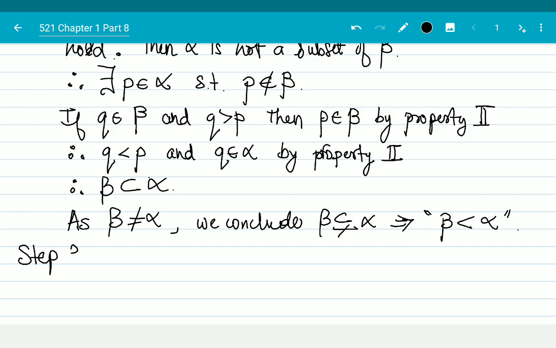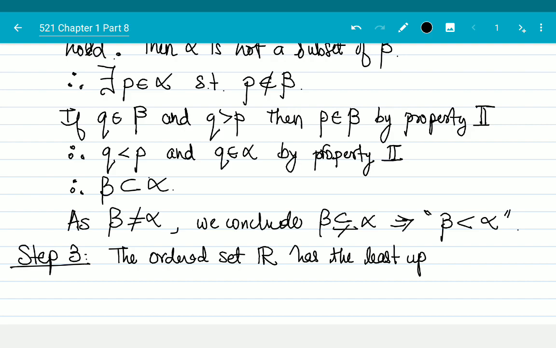Step 3. The ordered set R has the least upper bound property.